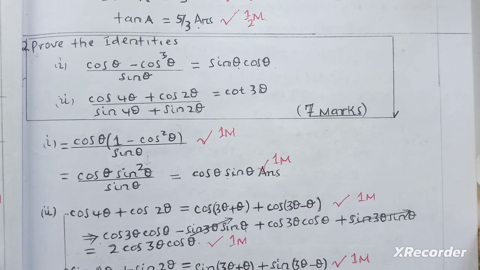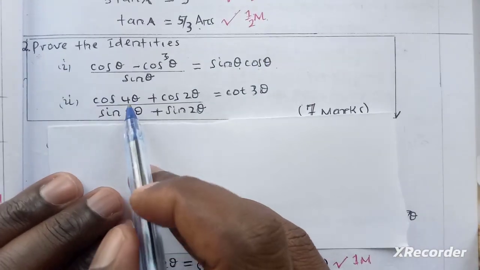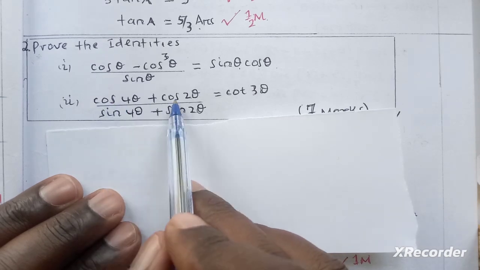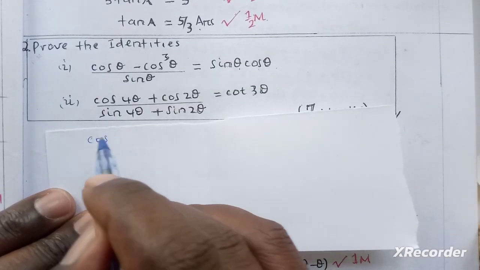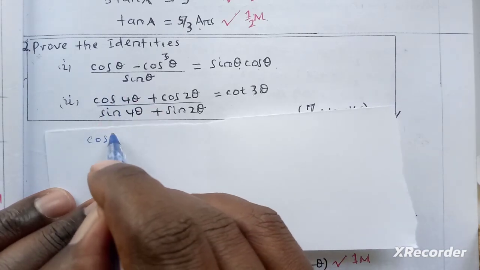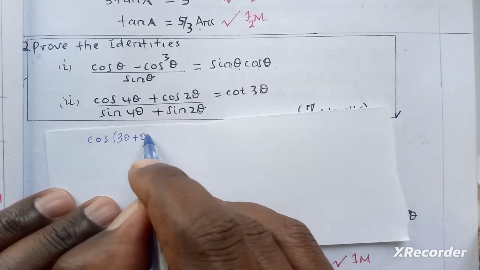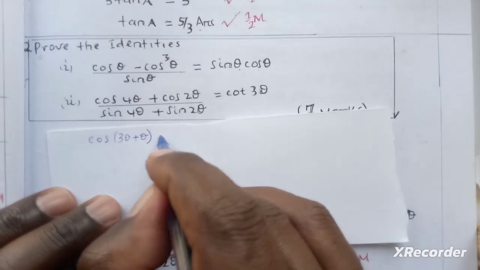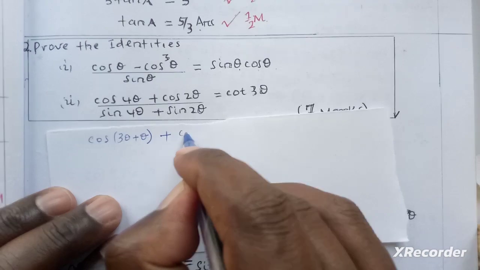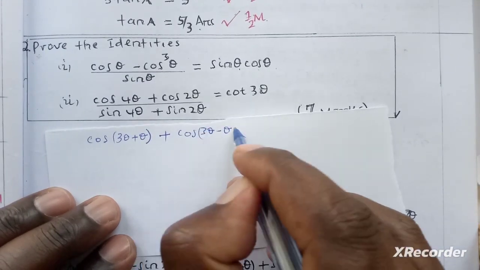We start with the numerator. You can expand this in terms of, for example, cos, instead of 4 theta, you say cos of 3 theta plus theta, plus cos of 3 theta minus theta.